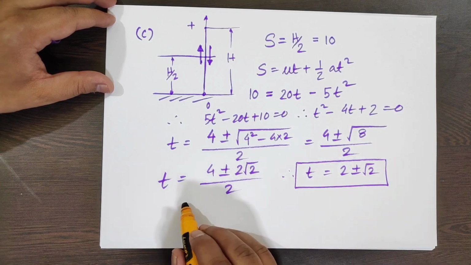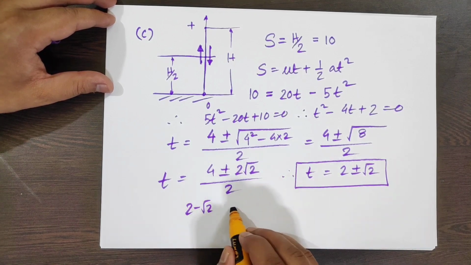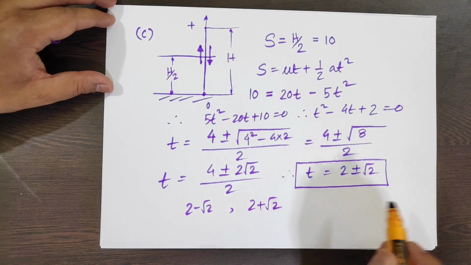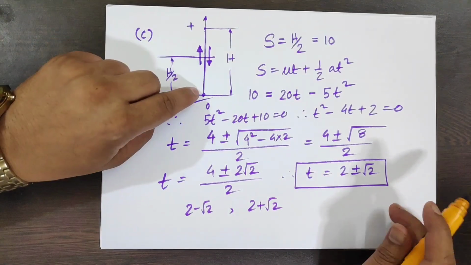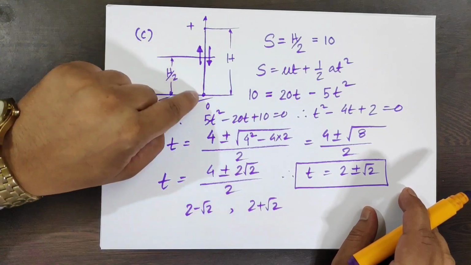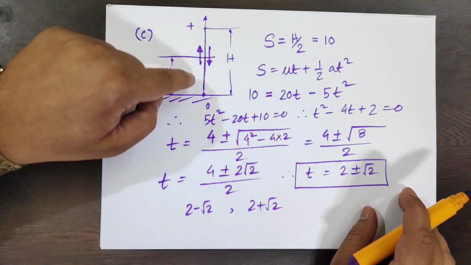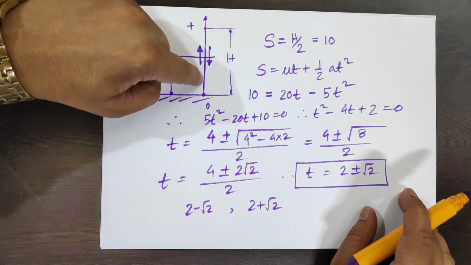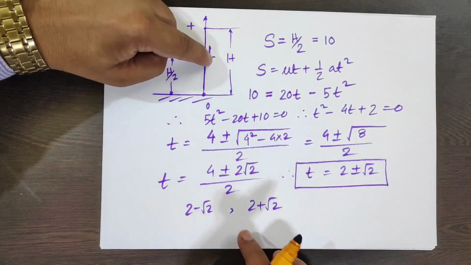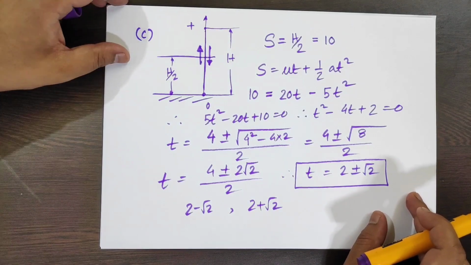So there are two values of time, that is 2 minus root 2 and 2 plus root 2. 2 minus root 2 while going up, 2 plus root 2 while it is coming down. From the start, this whole time takes 2 plus root 2 seconds.